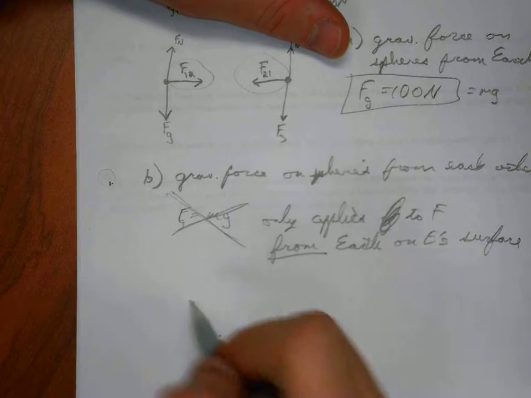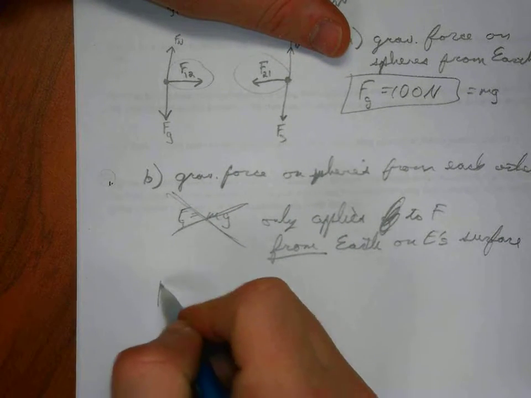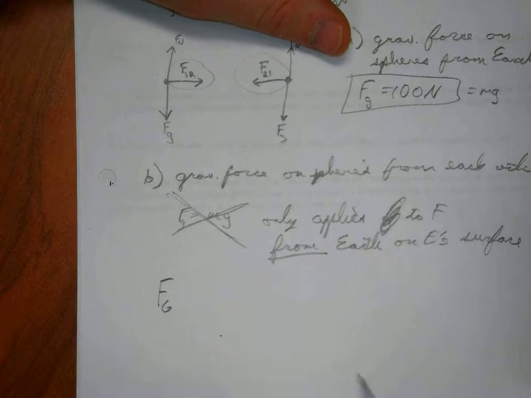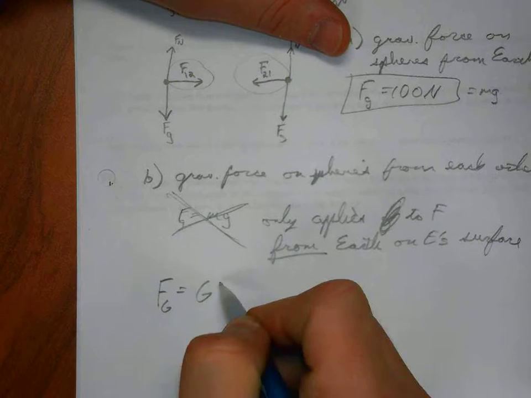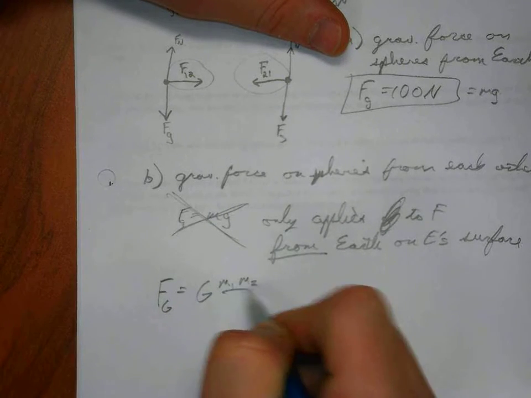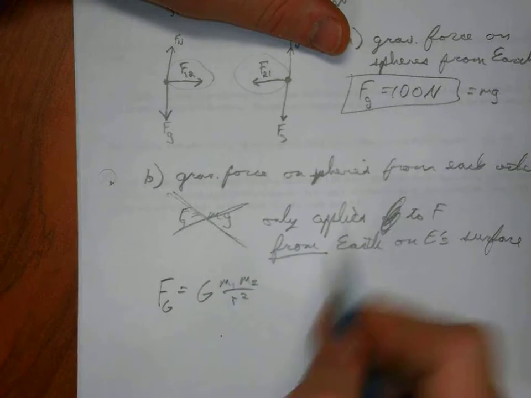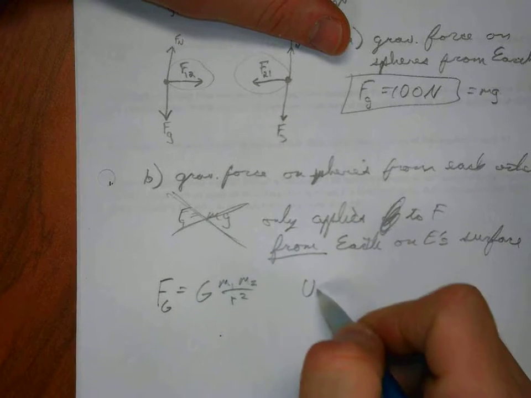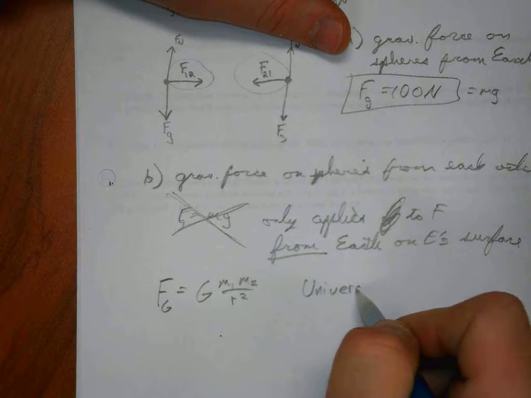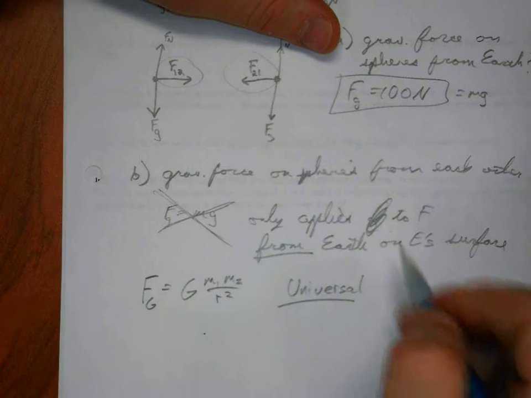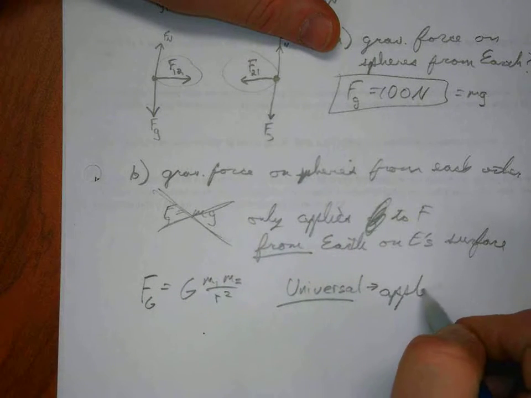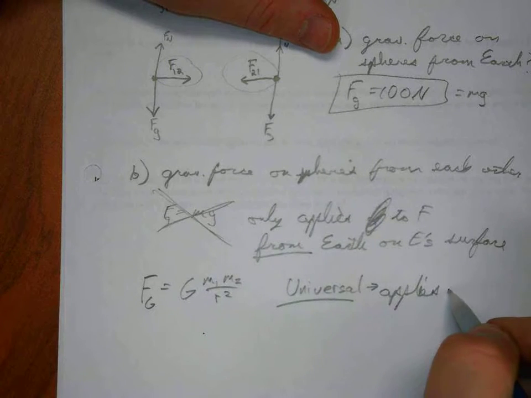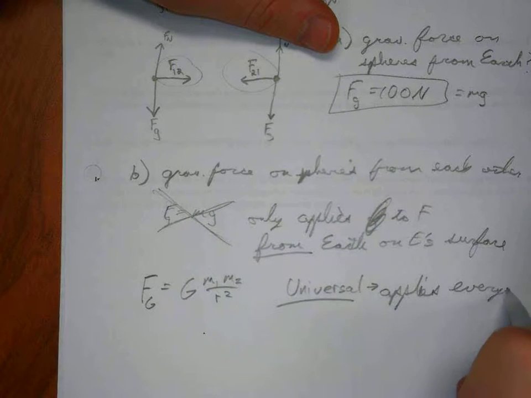So what we have to do instead is use Newton's law of universal gravity. I'll give it a subscript capital G, which is G m1 m2 over r squared. This is universal. Applies everywhere.